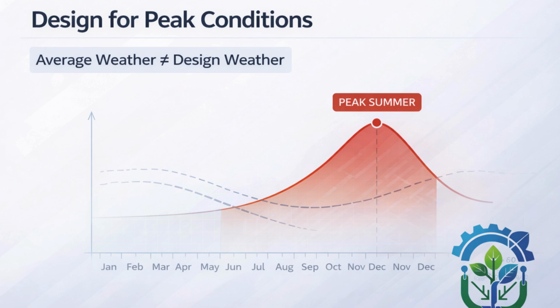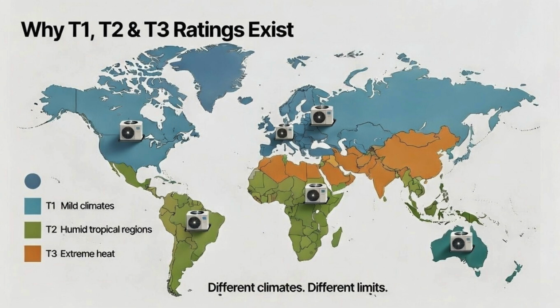If we design for average, the system looks efficient but collapses during summer peaks. So good HVAC engineering always designs for peak demand, not average comfort. This philosophy is the foundation behind T1, T2, and T3 ratings.